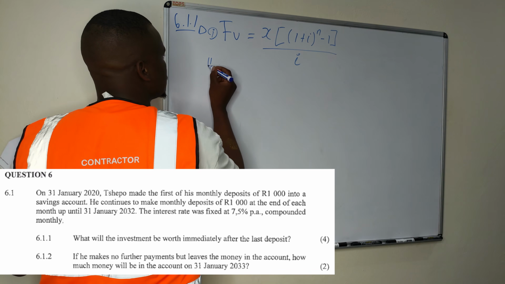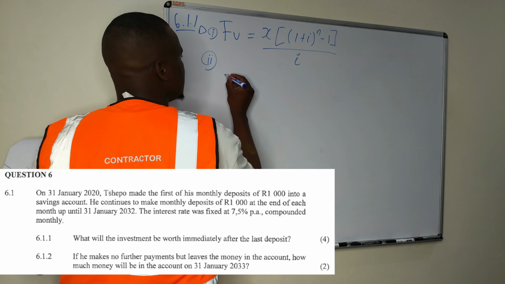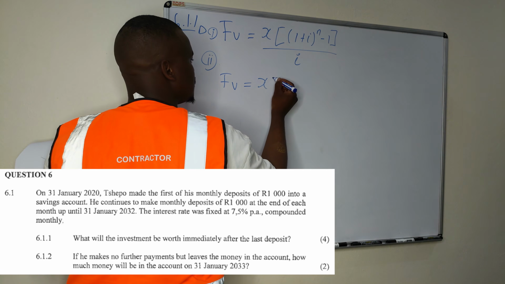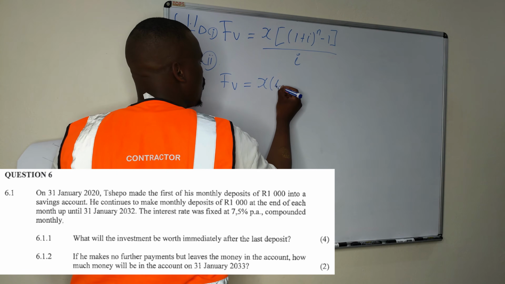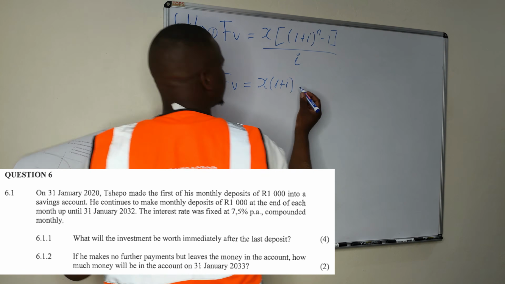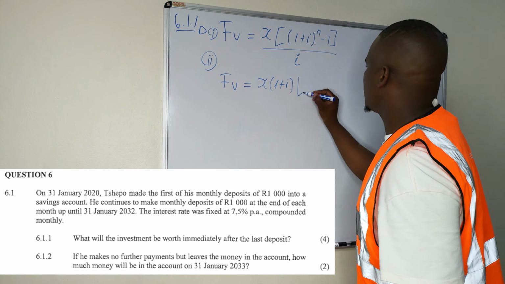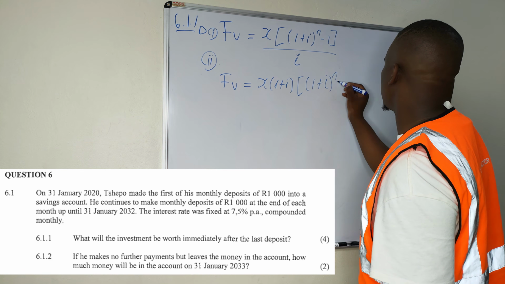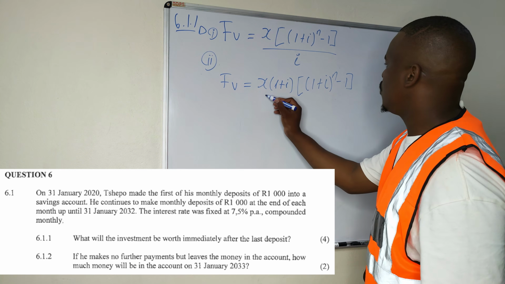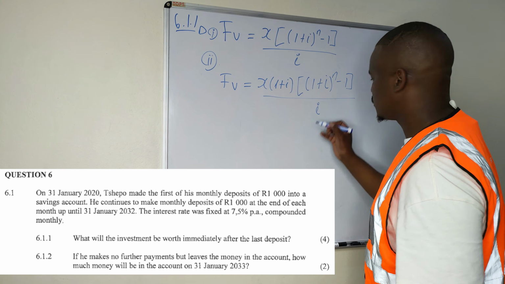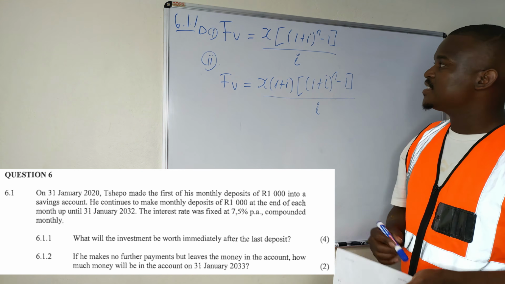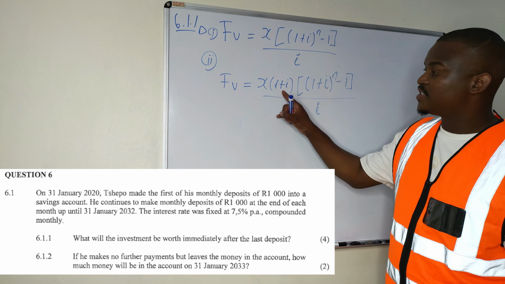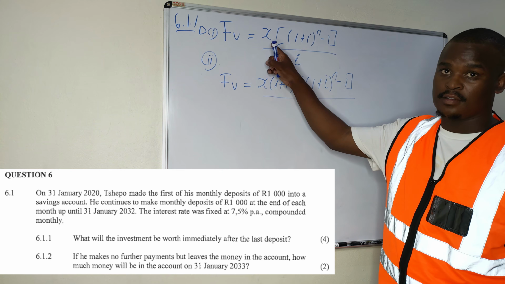The second future value formula is FV equals x times (1 plus i), then (1 plus i) raised to n minus 1, all over i. So this is more or less the same formula, but the only difference is the extra factor, which is not there in the first.